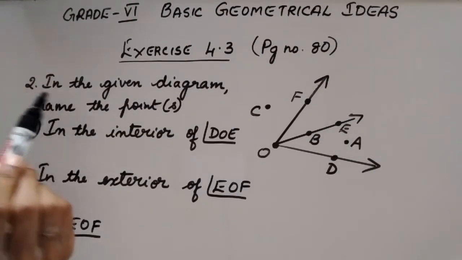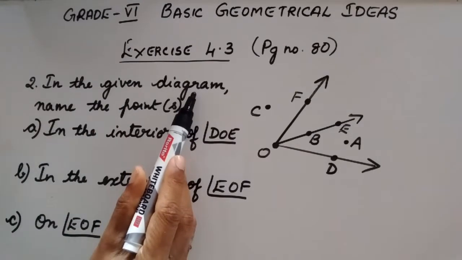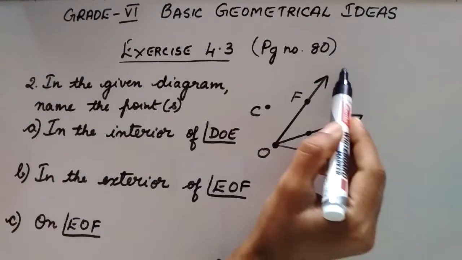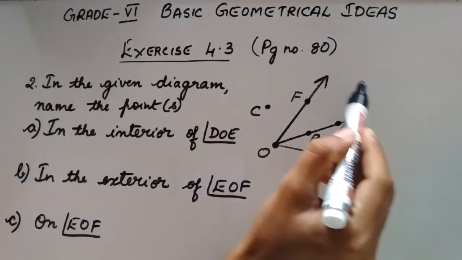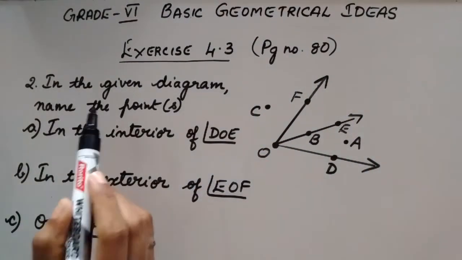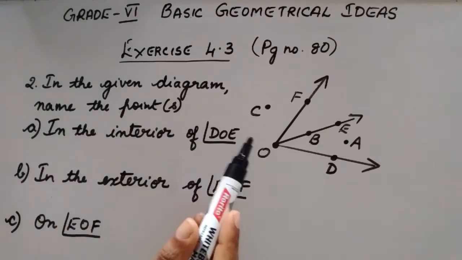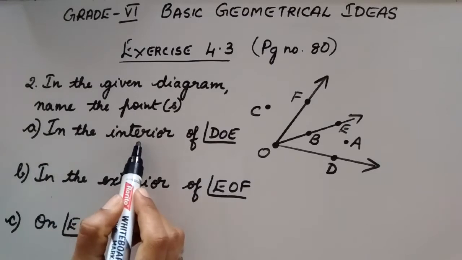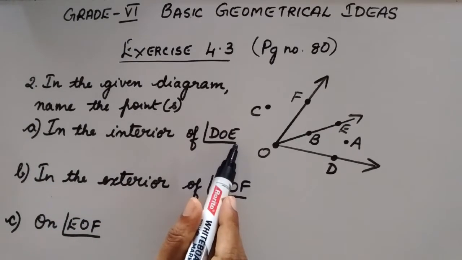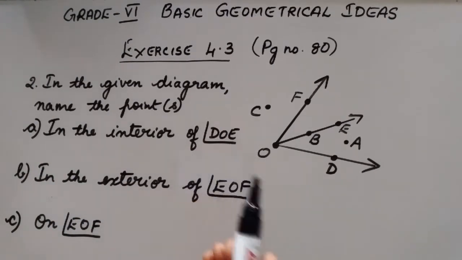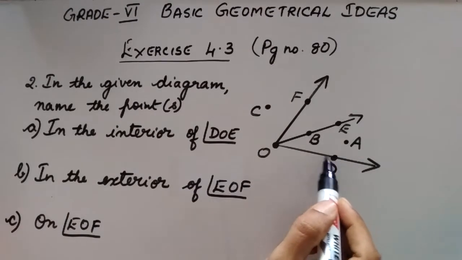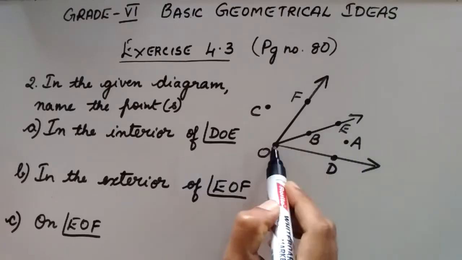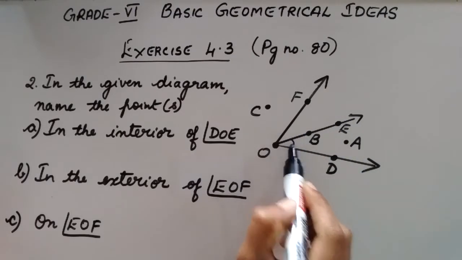Question number 2. In the given diagram, name the points. So this is the diagram given, and we have to name the points. A, in the interior of angle DOE. So this is angle DOE.